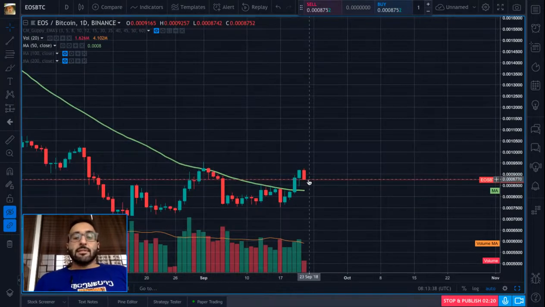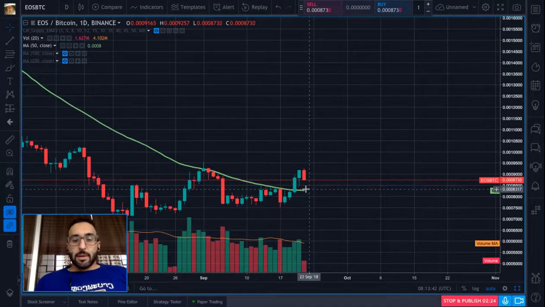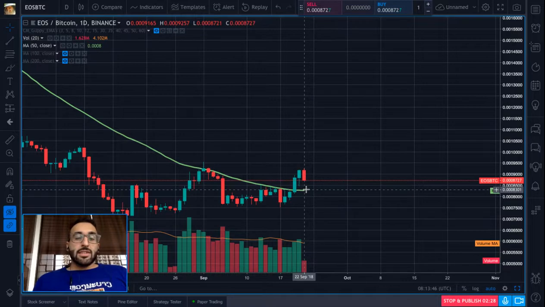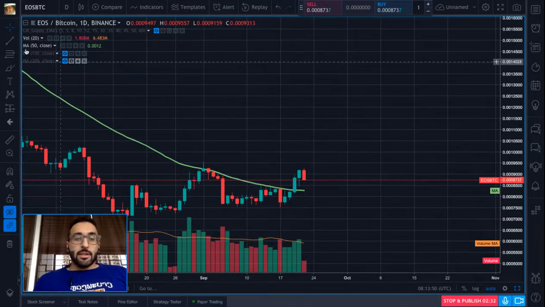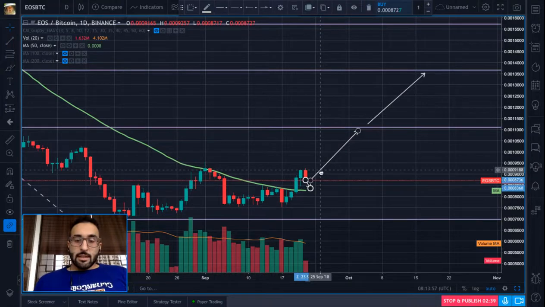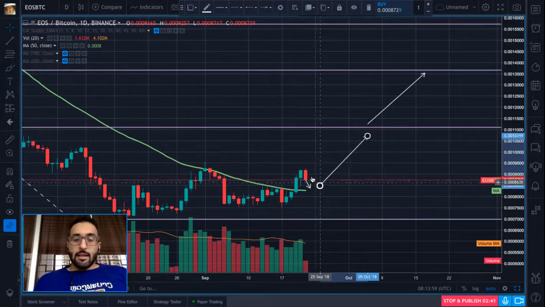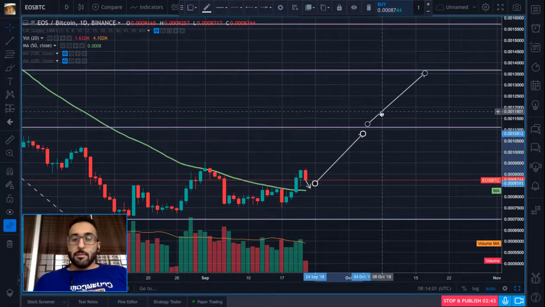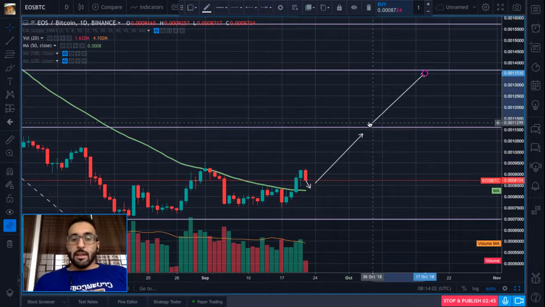And with this red candle, which I'm hoping finishes by today, we are probably going to touch the 50 moving average as support. So it's going to be something like this, and it's my previous drawing, this.